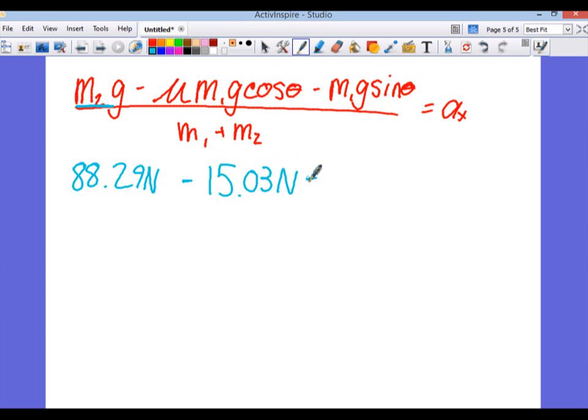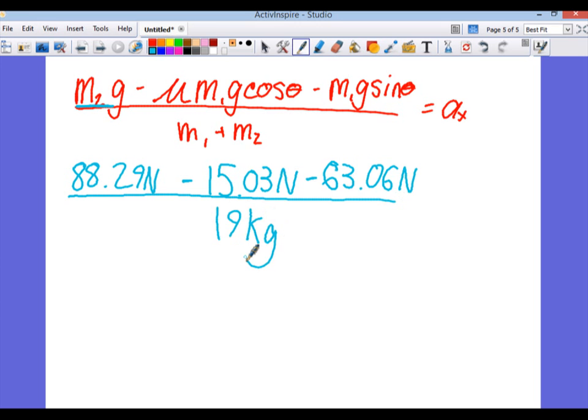And then minus m1g sine theta. So 10 times 9.81 times the sine of 40 equals 63.06 newtons divided by m1 plus m2, 9 plus 10, which is 19 kilograms, equals ax.